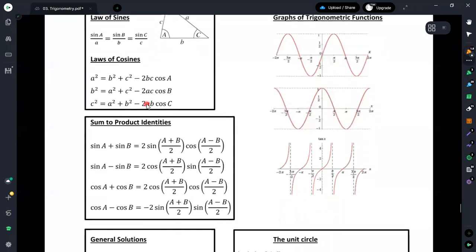And then we will quickly discuss the sum to product identities.